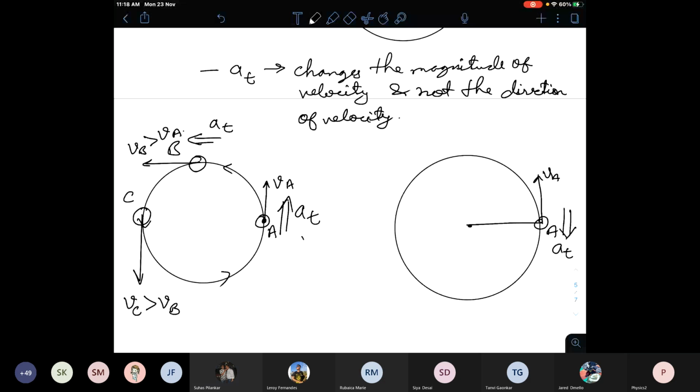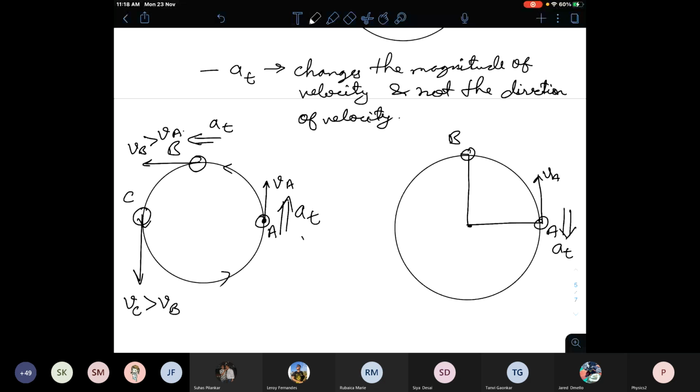Now see, suppose at point A the velocity is in upward direction. There is some magnitude of velocity, and tangential acceleration is in the backward direction. So when it reaches point B, after some time it will have some velocity vb. Direction changes because of centripetal acceleration.